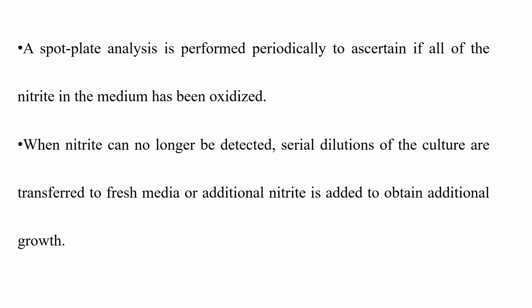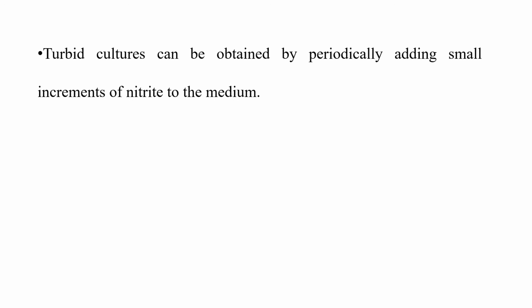Now, after the serial dilution of the cultures and after obtaining the appropriate growth, we can transfer the growth to the fresh medium where we have added additional nitrite so we can obtain a purer culture.